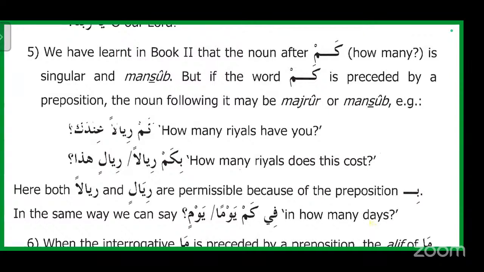Bikam riyalin hadha. For how many riyals is this? So then you say bikam riyalin, not riyalan. Here, both riyalan and riyalin are permissible because of the preposition bi.